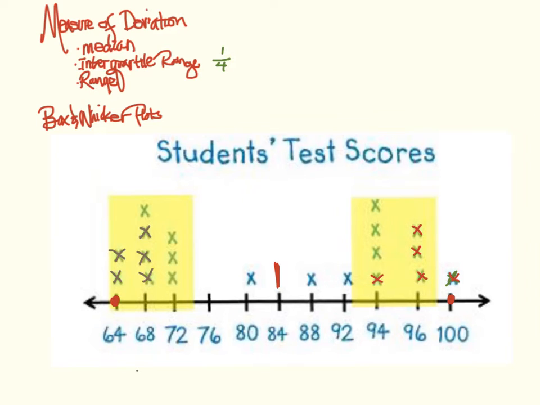For our purposes, just think of it as 25%, and I'm just going to draw a line to show where this ends up, and I'm going to say right here is where it ends, and I can say in that range there's 25%. From 84 to 94 there's 25%, and from, well, this is even lower, from 64 to 68 there's 25%.